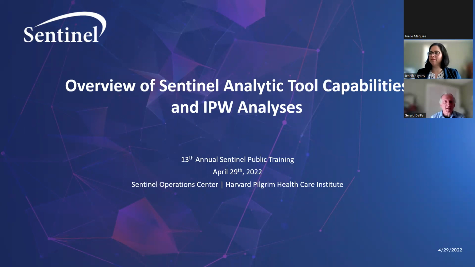Our presenters will start by orienting us to the Sentinel system, and then we'll ease into some fairly complex topics, such as inverse probability weighting and inverse probability of treatment weighting, and a discussion of how these types of approaches can reduce confounding bias in observational studies of medical treatments.